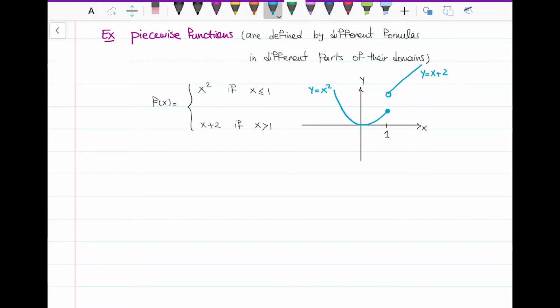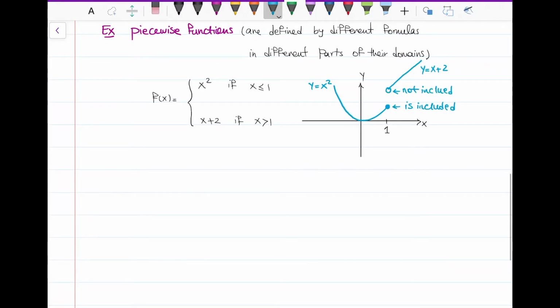Y equals x plus 2, this is not included. Means that this point is not included, but this is included. Okay, very good. This is called a piecewise function.